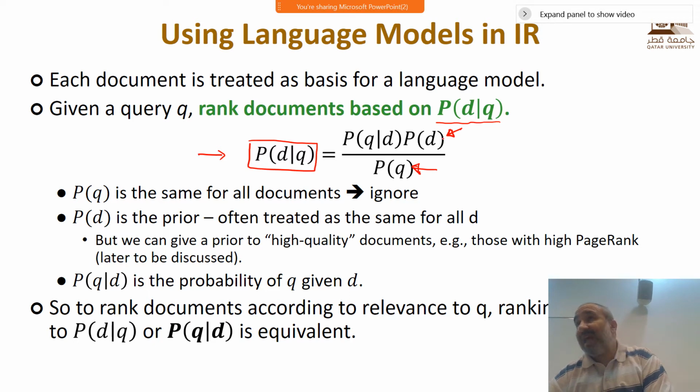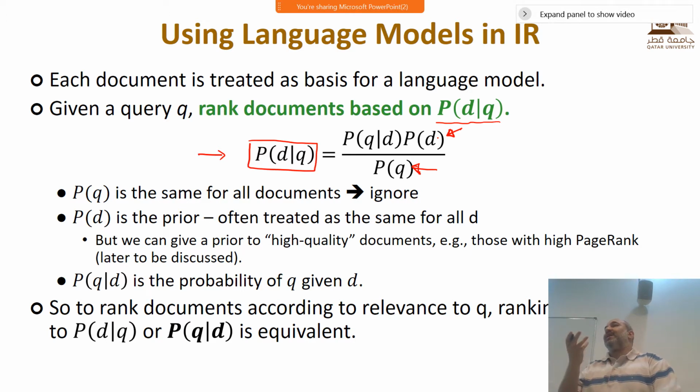But in reality, sometimes we have some values for this. We call that the prior. Sometimes there are some documents that are preferred over others. Later we'll talk about something called page rank.